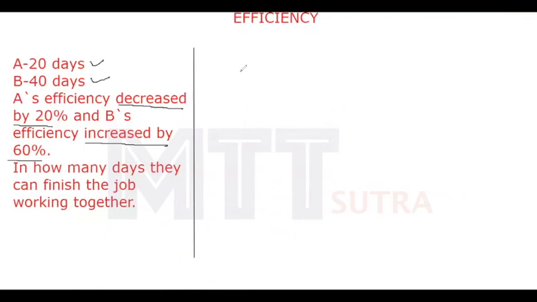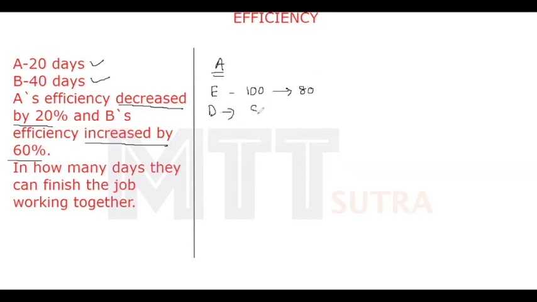Okay. First, let us discuss the efficiency for the case of A. For the case of A, efficiency decreased by 20%. If efficiency was 100, it will become 80. Now, if efficiency becomes 80 from 100, the number of days required is just the reverse ratio.